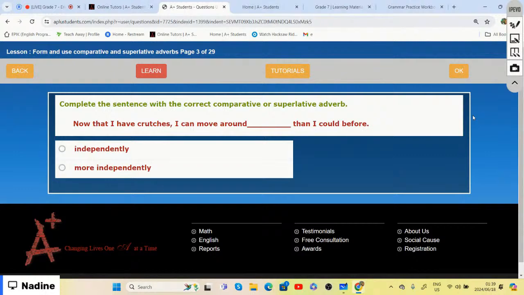Now that I have crutches, I can move around. Do we say independently than I could before? Or now that I have crutches, I can move around more independently than I could before. So we either say independently or more independently than before.